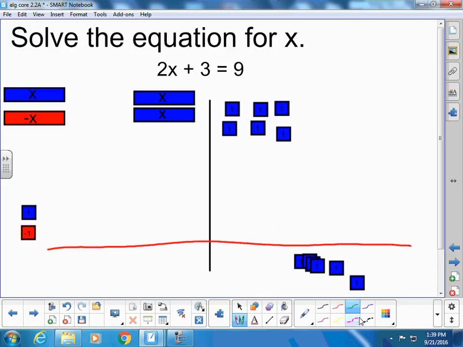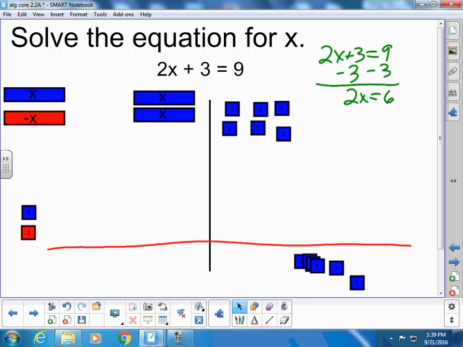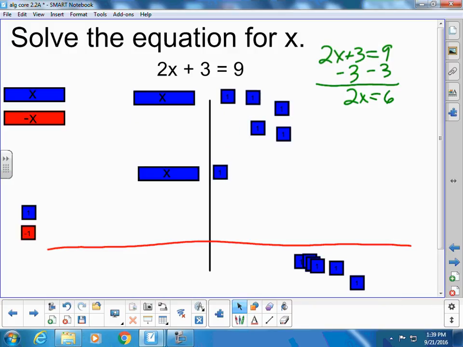So if I were writing the equation out, 2x plus 3 equals 9. First, I took away 3, and then we have 2x on the left side, and we have 6 on the right side. So now we have to divide our 6 between the two x's.